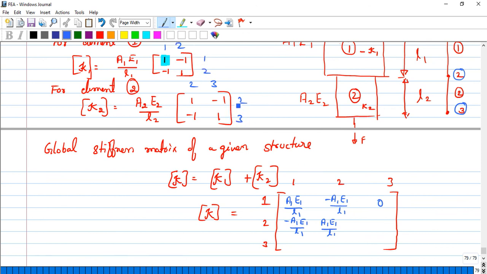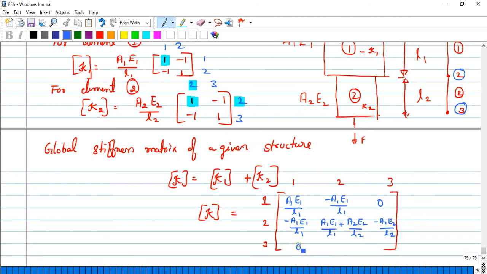And again we have a 2 2 position in the second element also, so that is this term. In the same place you need to add plus A2 E2 by L2, and the next is negative, minus A2 E2 by L2.